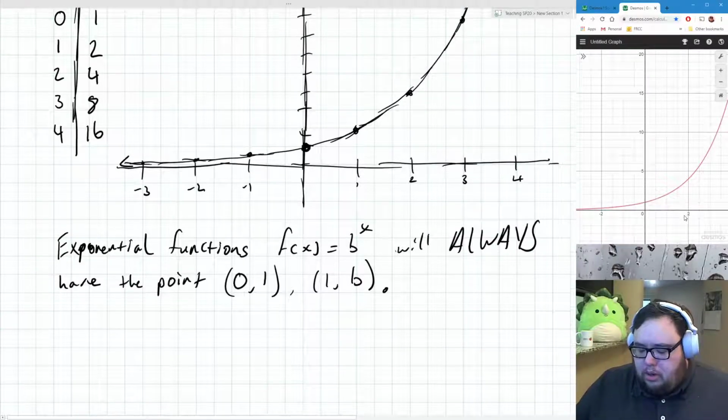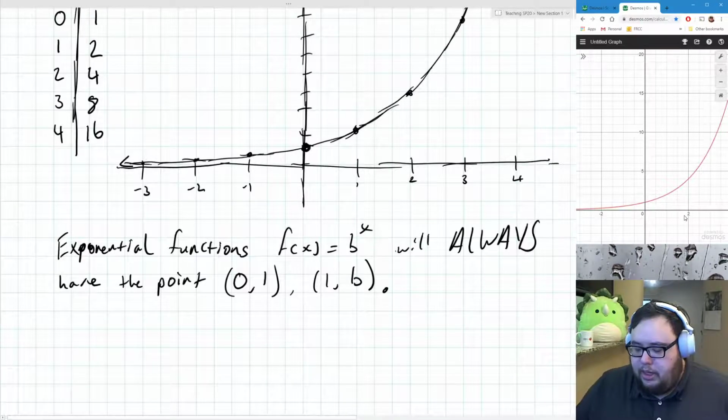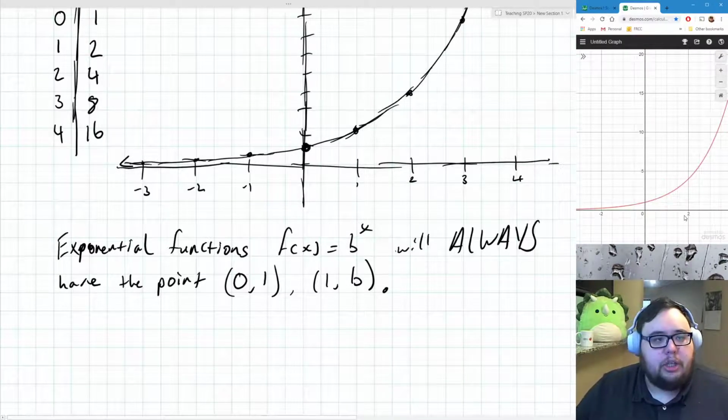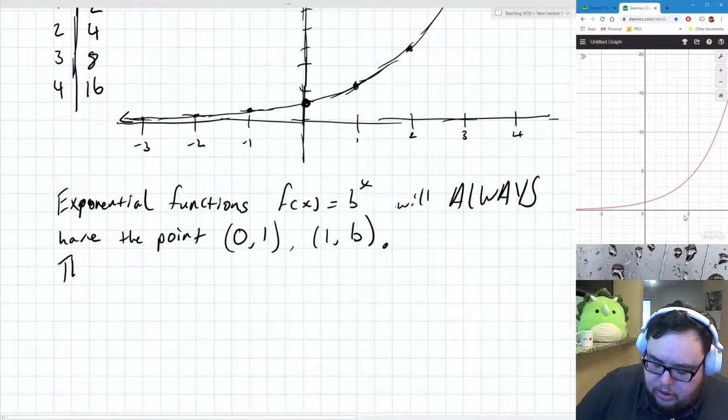These come from our annihilator and our identity property, respectively. Anything to the power of 0 is 1, and anything to the power of 1 is just itself. They should also have a horizontal asymptote.